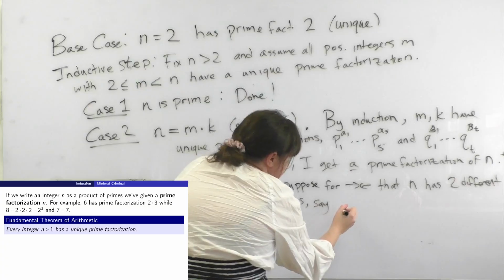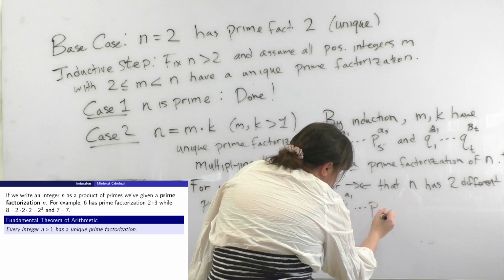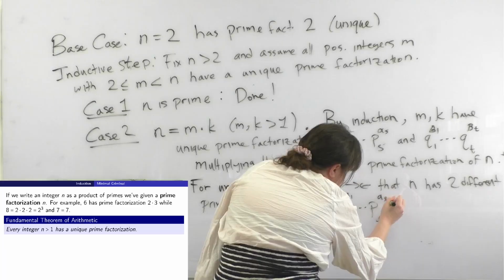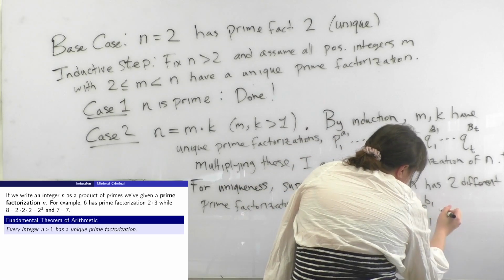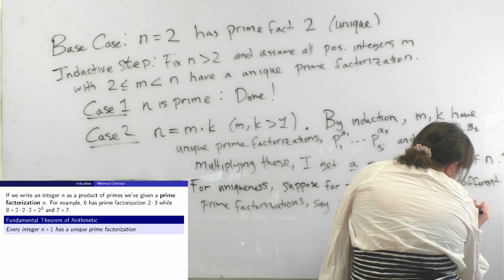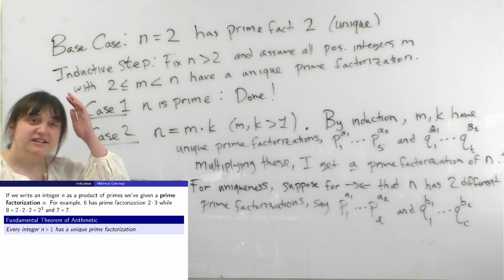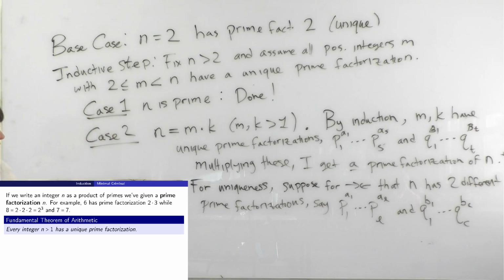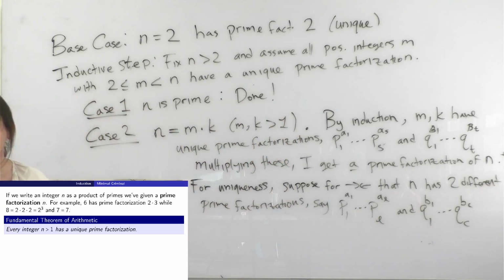Say p_1 to the a_1 through p_l to the a_l, and q_1 to the b_1 through q_c to the b_c. Sometimes when you use so many letters, you just want to choose subscripts that don't make really logical sense as long as they're a distinct letter. Okay, so I want to convince you that these actually are the same prime factorization.